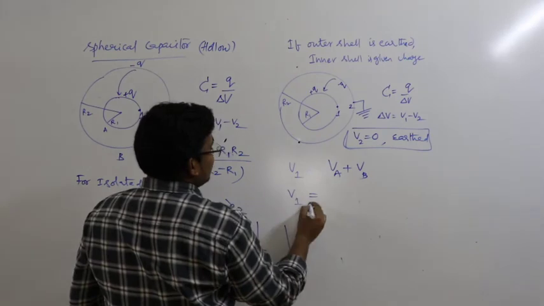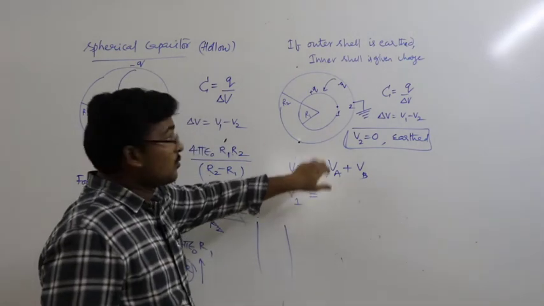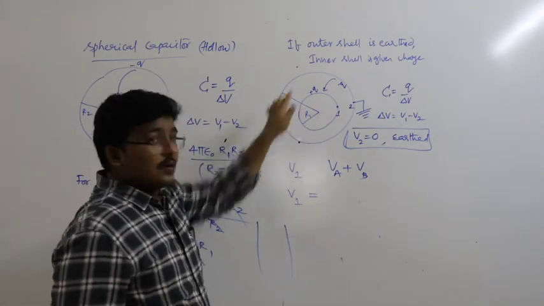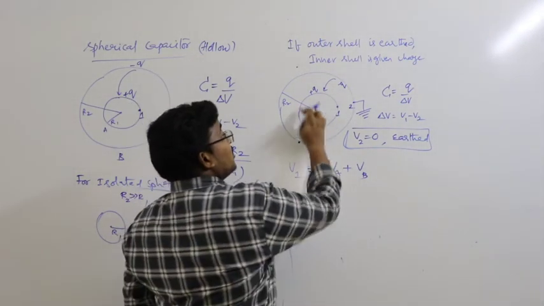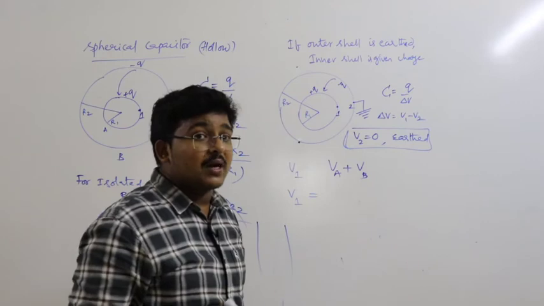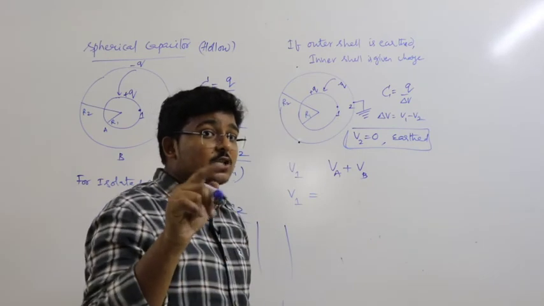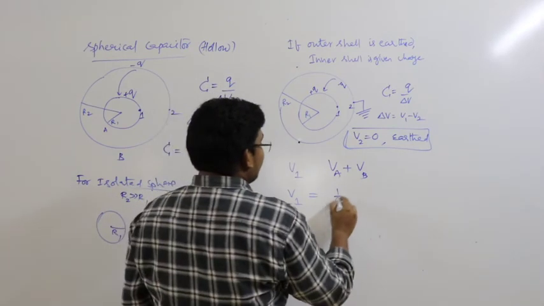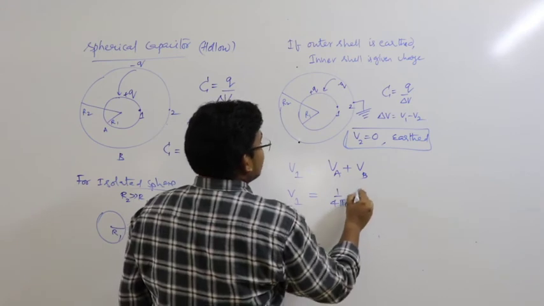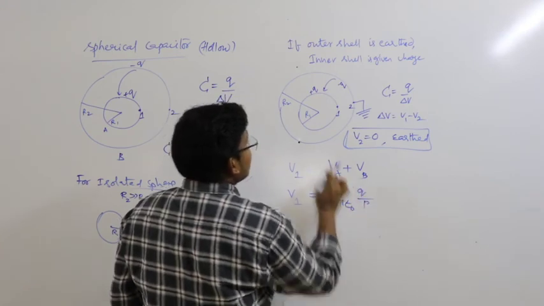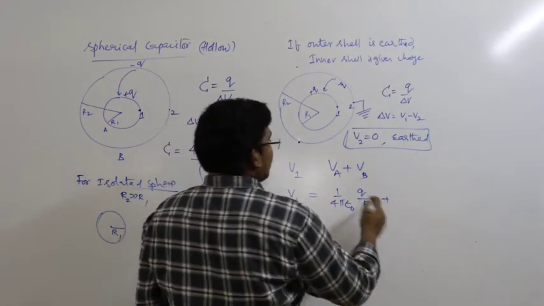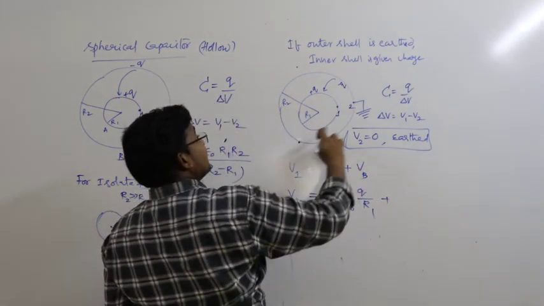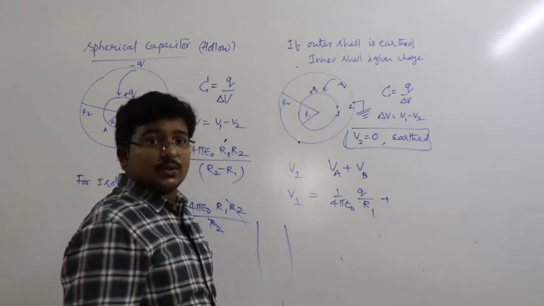So V at the first point is equal to, what is the potential due to the sphere itself? The point 1 is on the surface. For a point on the surface, what is the formula? 1 by 4 pi epsilon naught charge by capital R. So 1 by 4 pi epsilon naught, charge is q, radius you can take R1, plus what is the potential due to the second one? The second surface has minus charge, minus q.